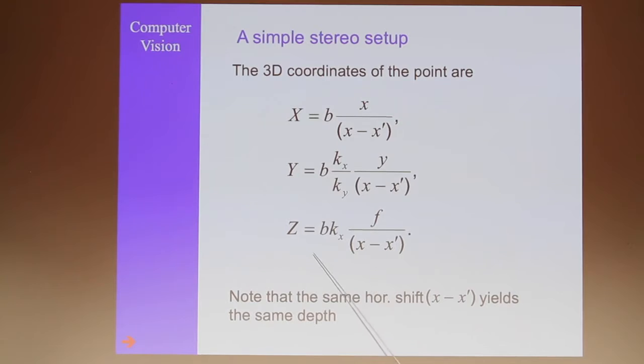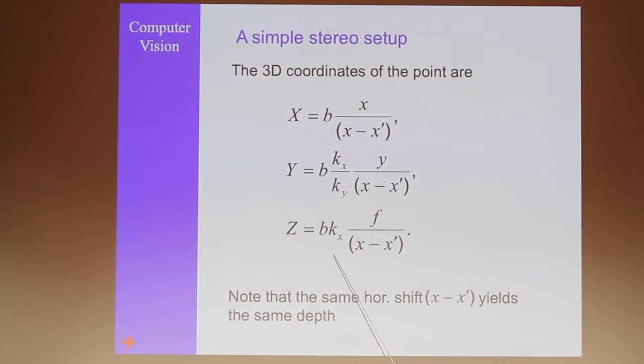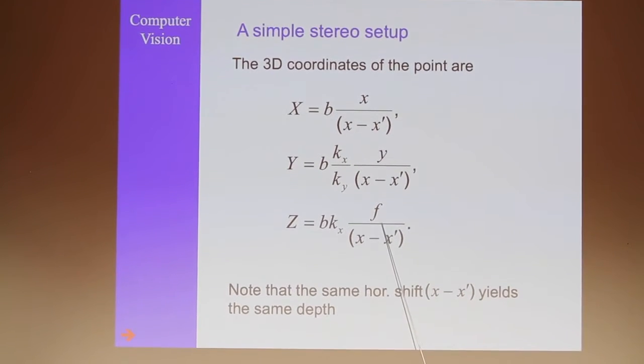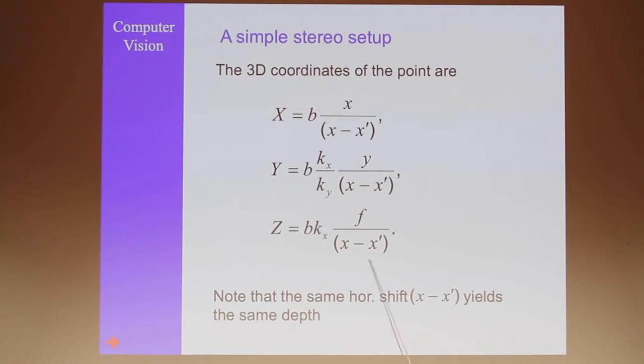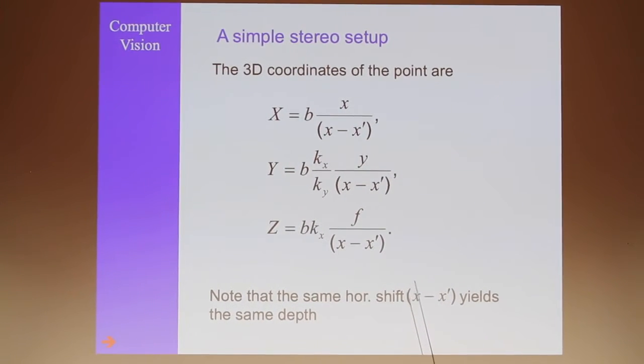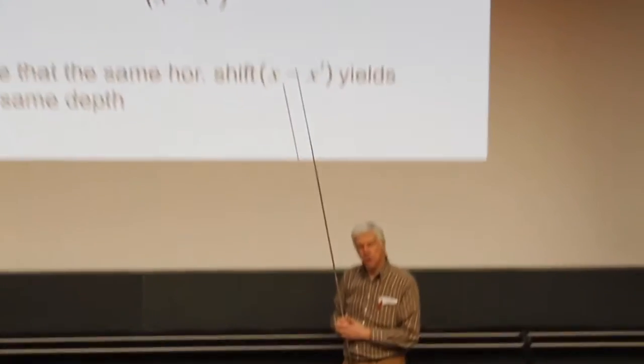I know that z is found as a product of the baseline, the horizontal size of the pixel, and the focal length of the camera, but then divided by x minus x prime, this horizontal shift of the image projections in the two cameras.